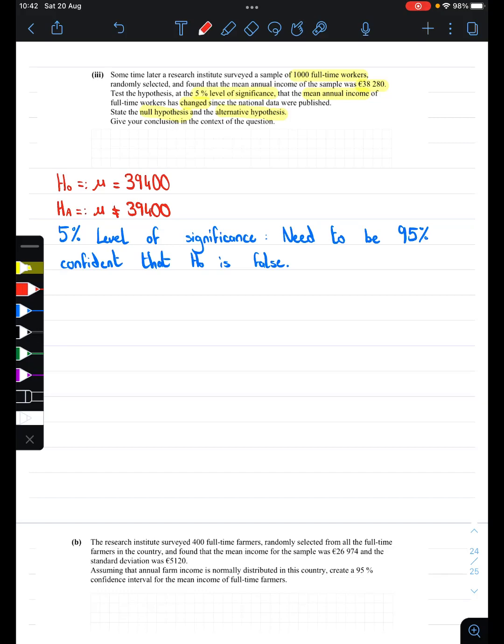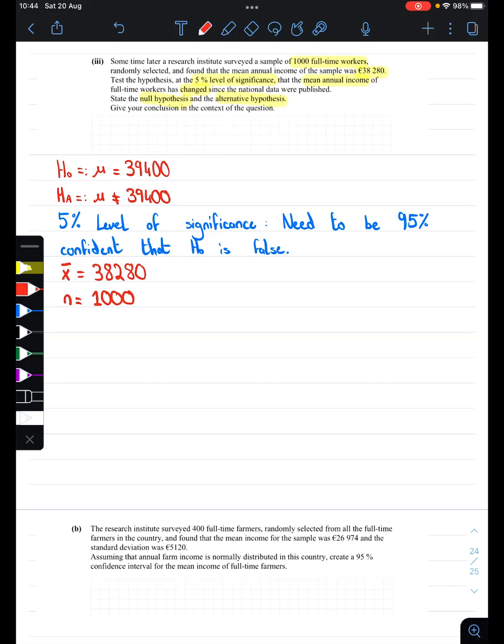So we have this sample mean, x bar equals 38,280, and a sample size of 1,000. And so we want to construct a 95% confidence interval for the mean.